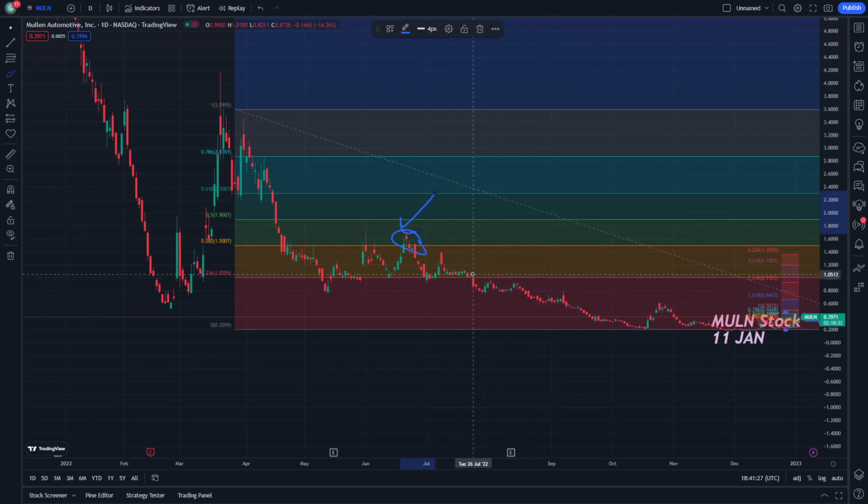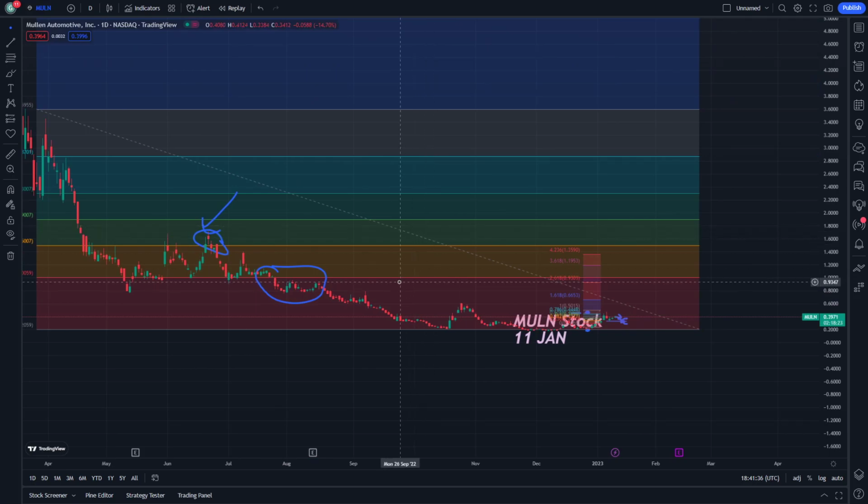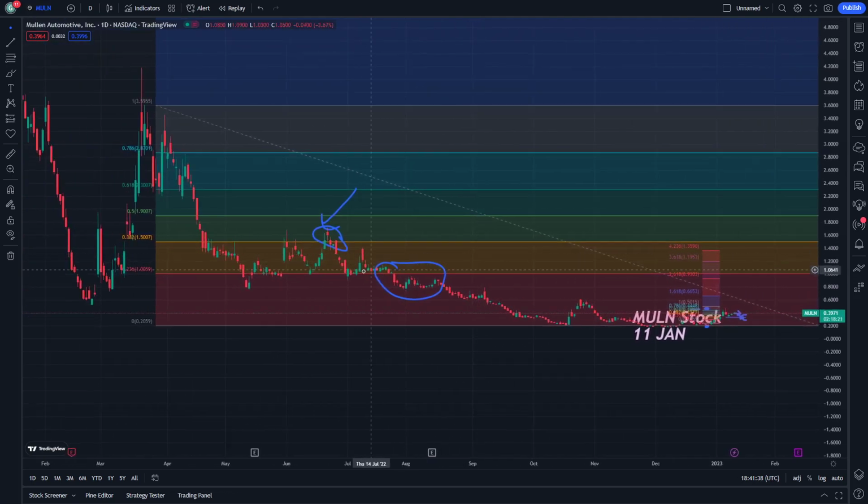So we can also say that there is a relation between the wave and this red trend line, because in this decrease movement it didn't break through this red line.